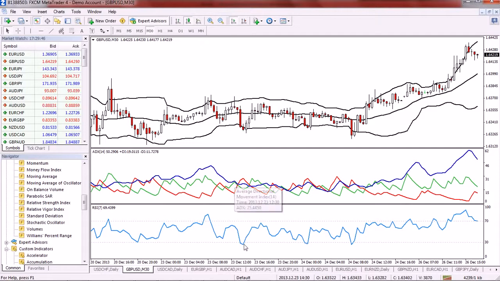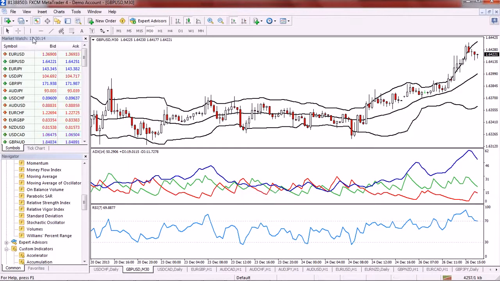For the buy signal, first you have to observe the RSI indicator. For a buy signal, the indicator should cross the 30 level from below. And the actual ADX line, which is the blue line, should be less than 32.